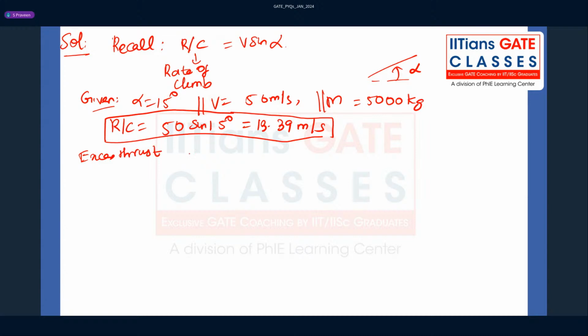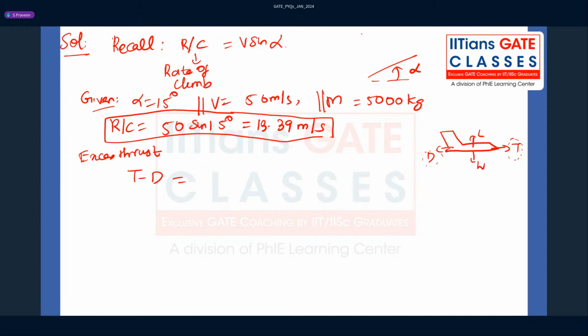The excess thrust is basically, you have to understand what the excess thrust is. So in steady level flight, your thrust equals drag, right? And your lift equals weight, correct? So it means excess thrust is basically how much extra component is produced compared to this drag, right? So that is given by T minus D, okay?